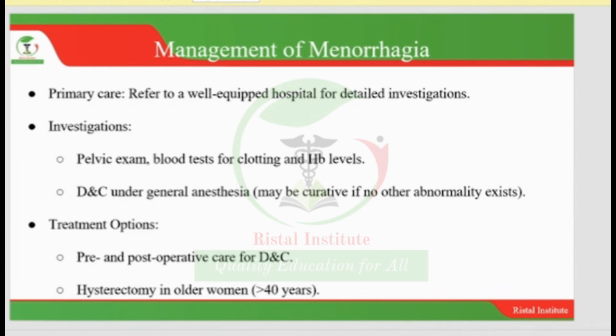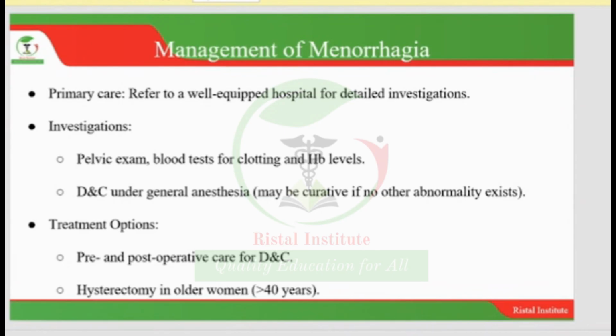If the endometrium is scraped off using D&C, sometimes it can cure the condition. Treatment options: pre and post-operative care for D&C should be done. D&C, as we all know, stands for dilatation and curettage.